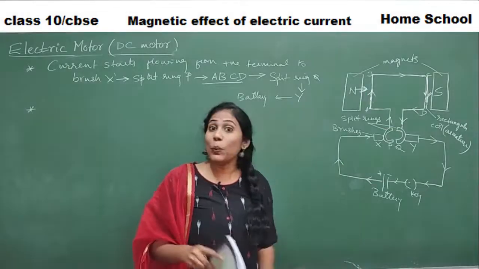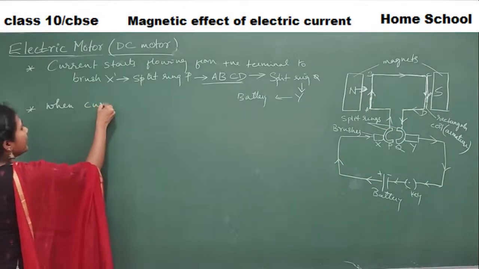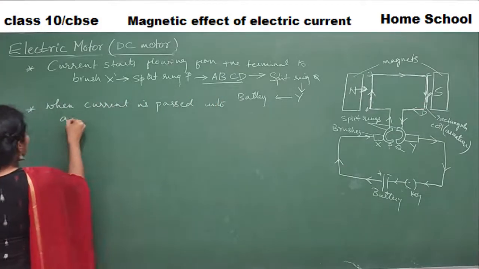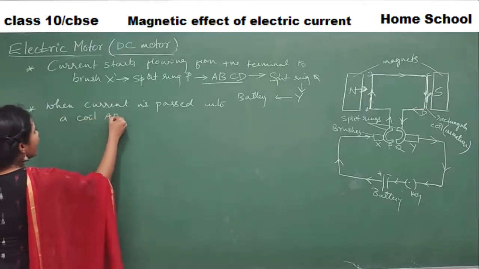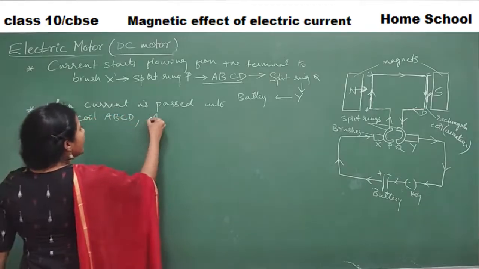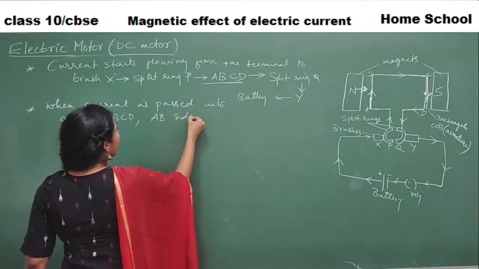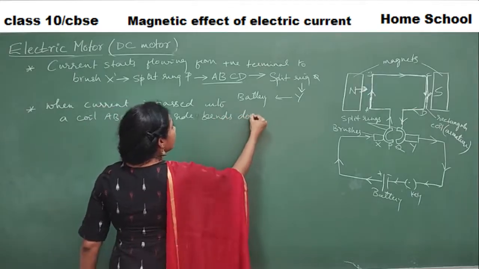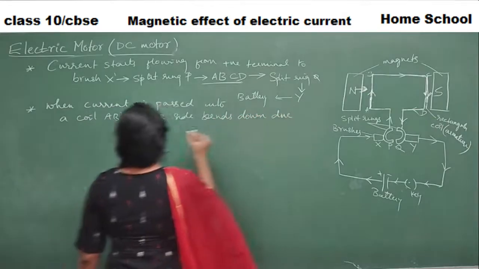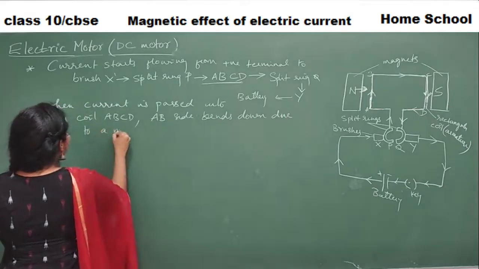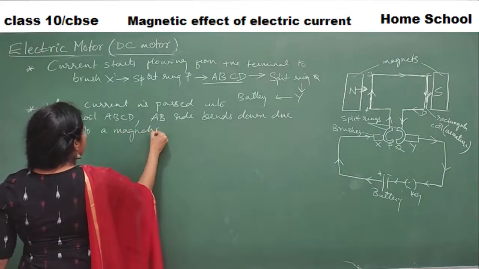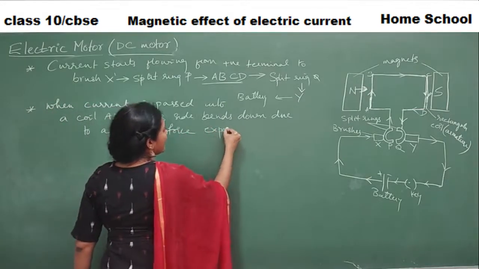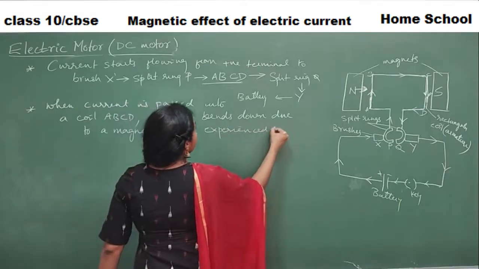So let us try to write that point now. Current is passed into a coil ABCD, and the AB side bends down due to a magnetic force experienced by it.